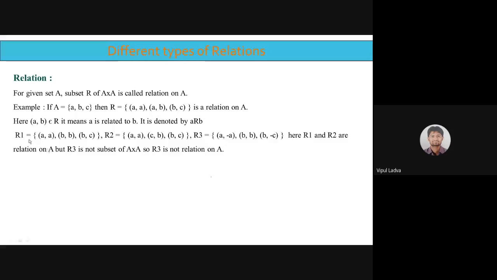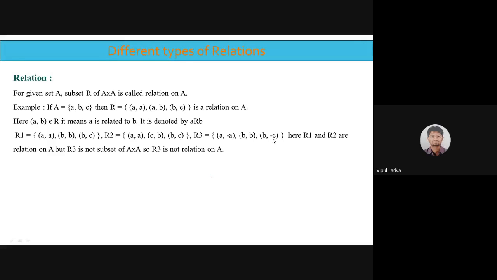Go through this particular. Let me give you 2, 3 different examples. R1: (A,B), (B,B), (B,C). This is one of the proper subsets of A cross A. This is also one of the proper subsets. R2 is also one of the proper subsets of A cross A. But observe this R3: (A,-A), (B,-C).